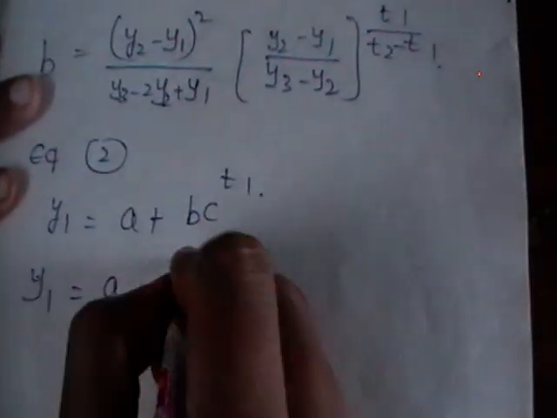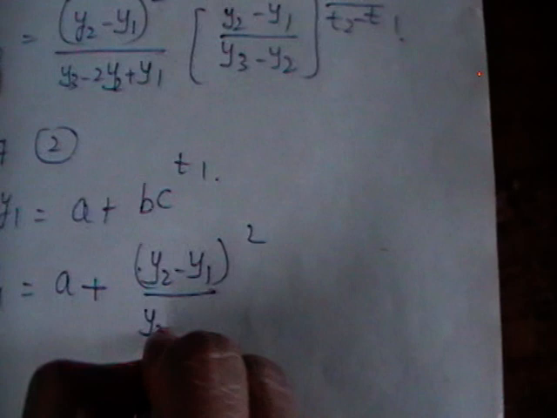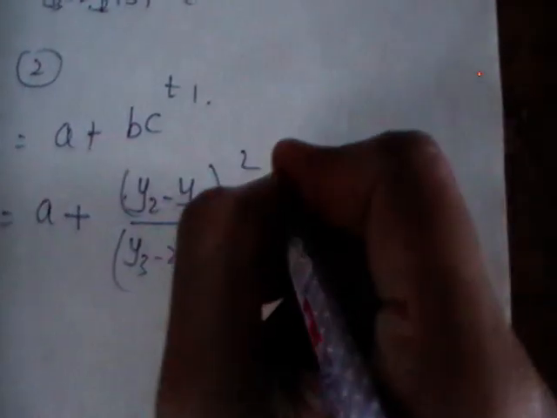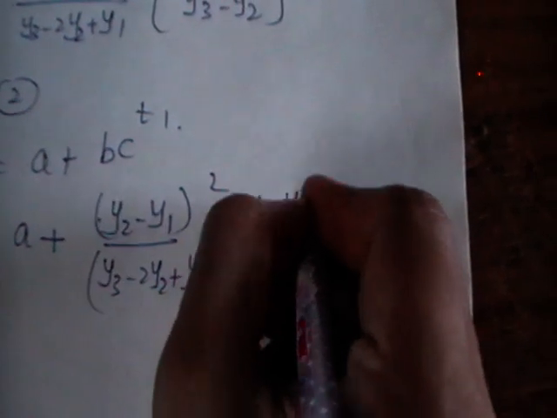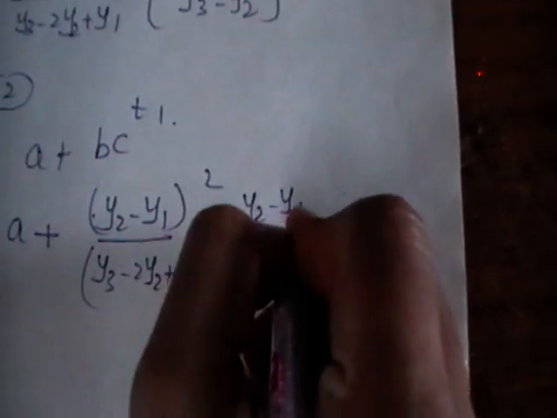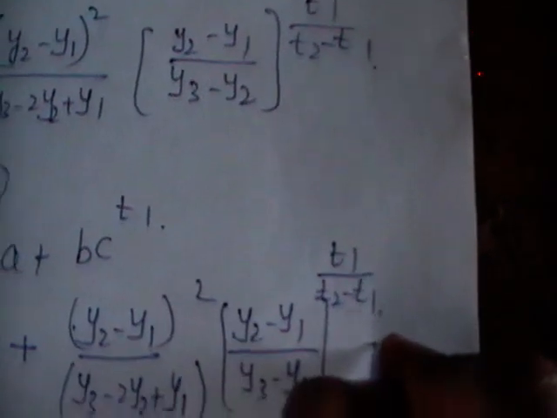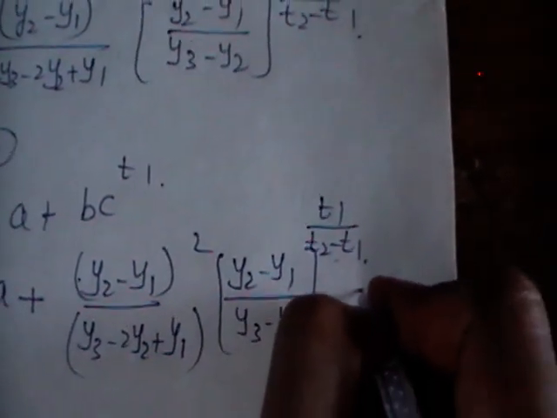y2 minus y1 whole square by y3 minus 2y2 plus y1 into y2 minus y1 by y3 minus y2 whole power t1 by t2 minus t1. This is b. Into what is c?